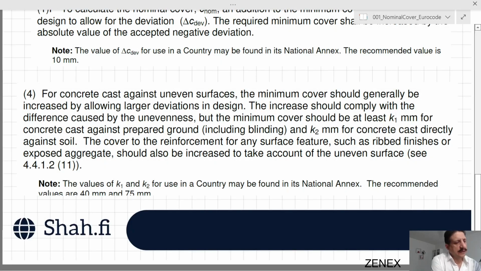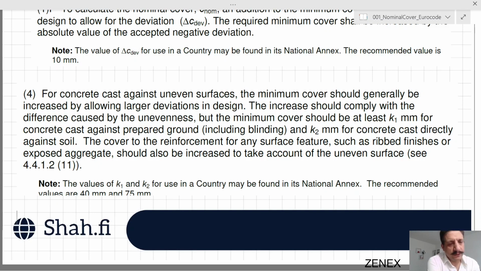For concrete cast against uneven surface, for example on the ground, the minimum cover should generally be increased by allowing larger deviations in design. The increase should comply with the difference caused by the unevenness, but the minimum cover should be at least K1 millimeter for concrete cast against prepared ground.